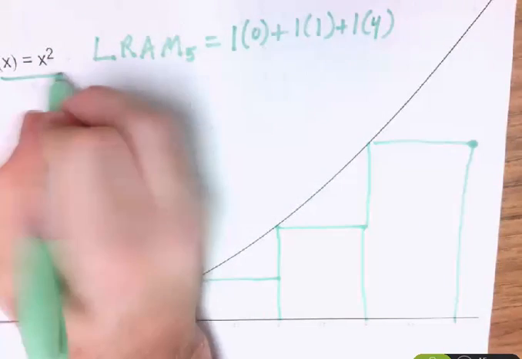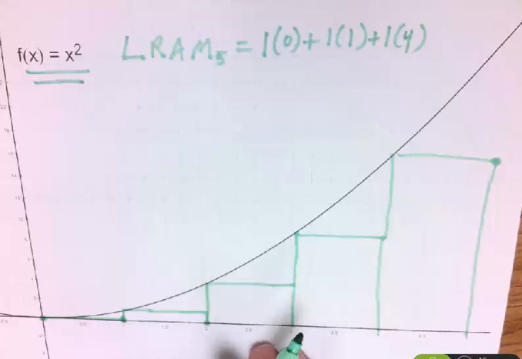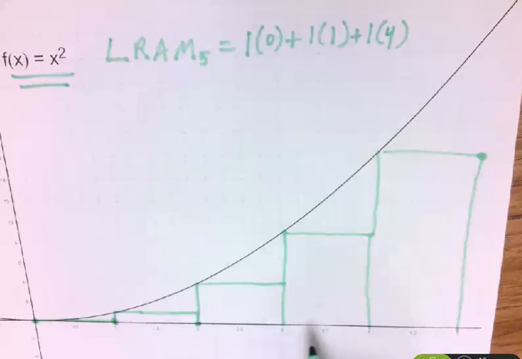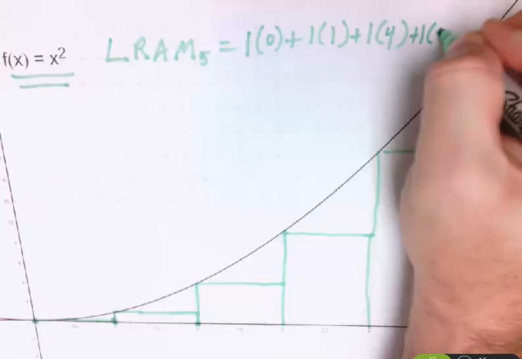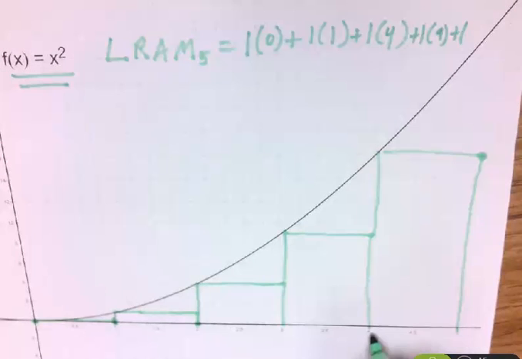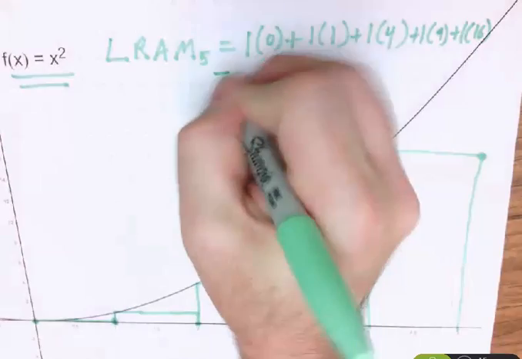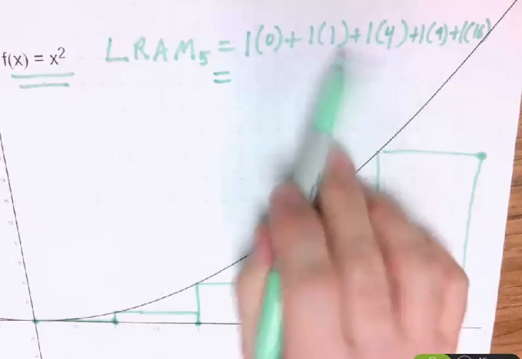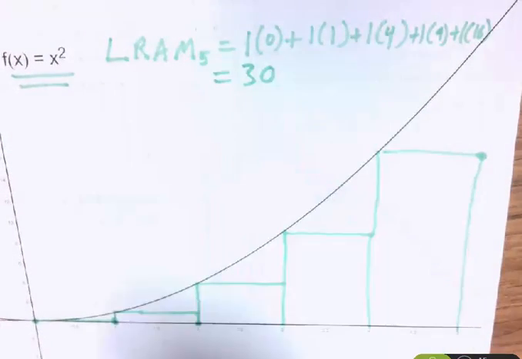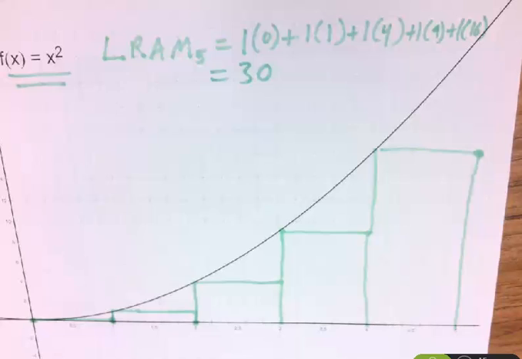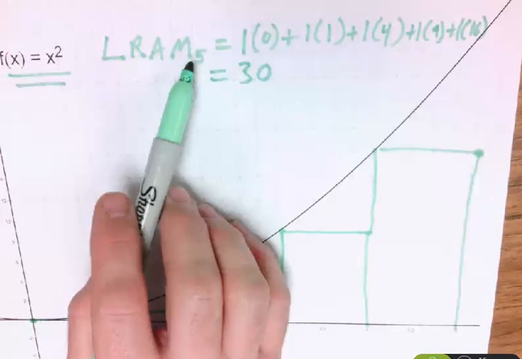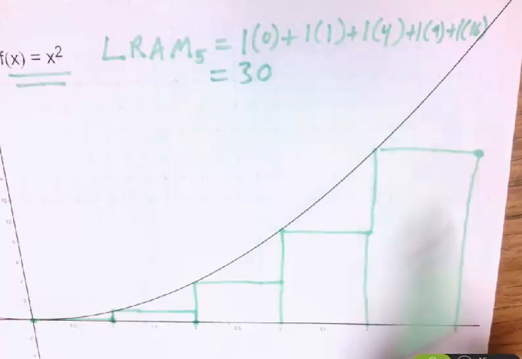Everything's coming from our equation, which tells us our y values, which is our height. Then our base is 1 and our height is 9. And then our last base is 1 with our height being 16. For a grand total of 1, 5, 14, 30. So our first approximation is 30. This is our left-hand approximation with 5 rectangles, and it is clearly an underestimate of the actual area.